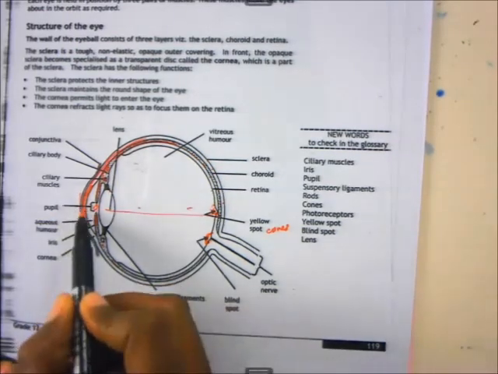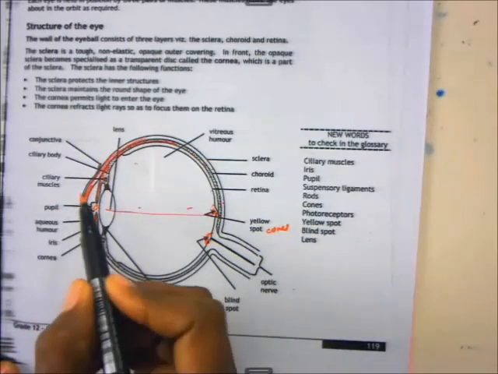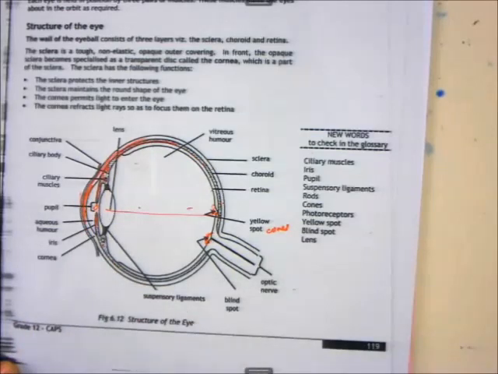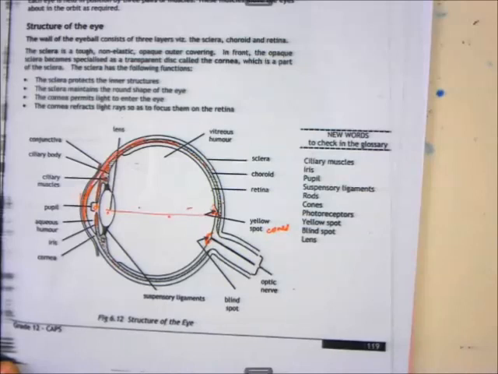You need to talk about the cornea, the aqueous humor, the pupil, the lens, the vitreous humor, as well as the retina. So now let us quickly explain how the process of seeing takes place.